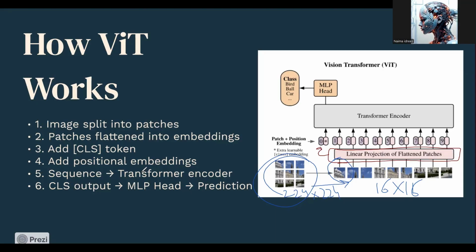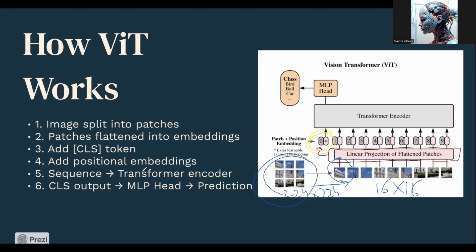And there is a CLS token, which I'm going to highlight with yellow. So you can see this is the position embedding with the CLS token. This is added to the sequence, and now you can ask what the sequence is in our case. The sequence now becomes the token, the positional embedding, and the patches. So what is this CLS token?